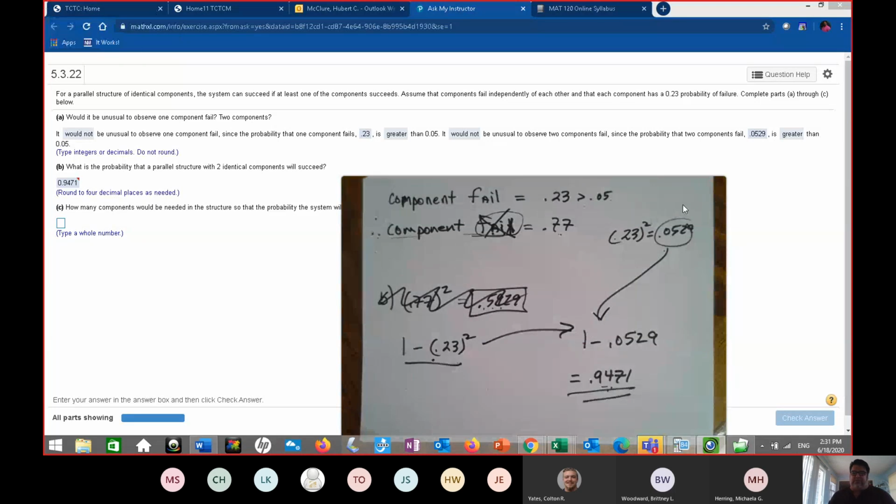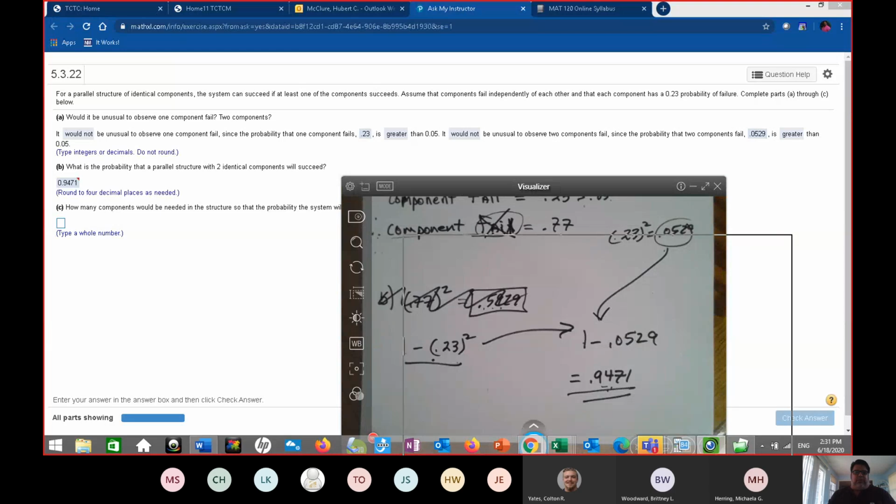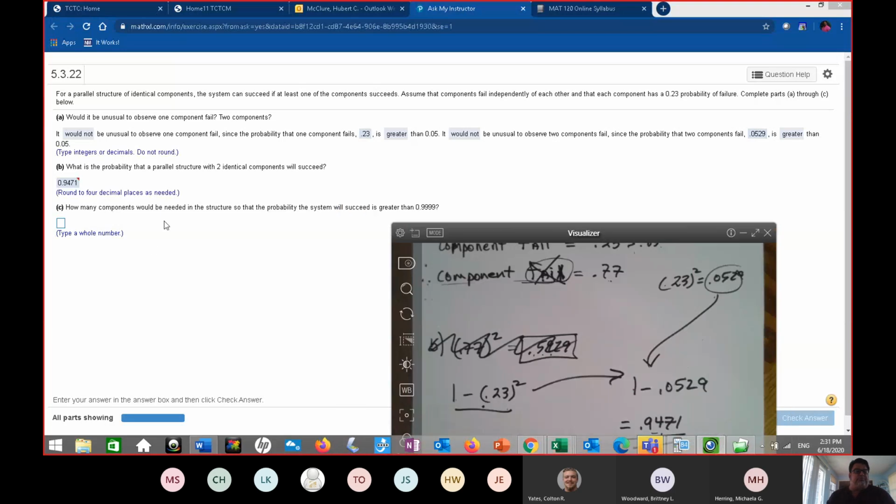Like I said, I've never seen this question before, so this is a new question. How many components would be needed in this structure so that the probability the system will succeed is greater than 0.99? One of the problems I have with this: what is a parallel structure? Are they talking about buildings, a garage? I don't like a problem when you don't have any idea what they're talking about.